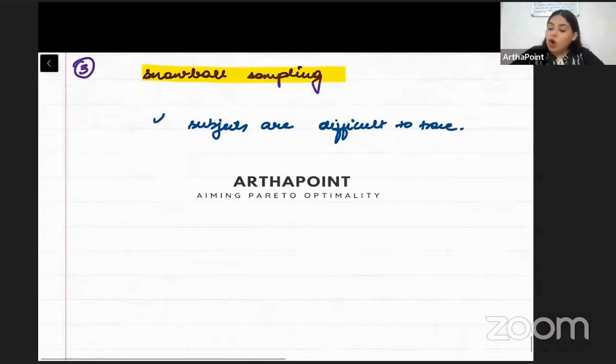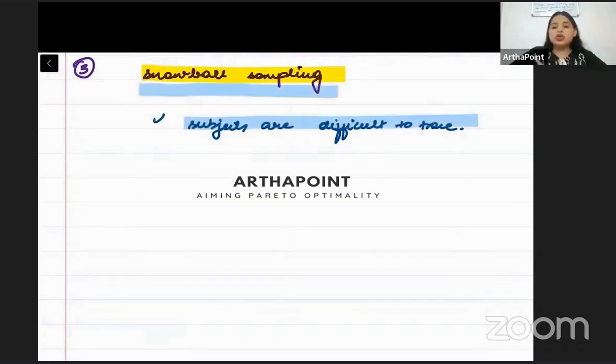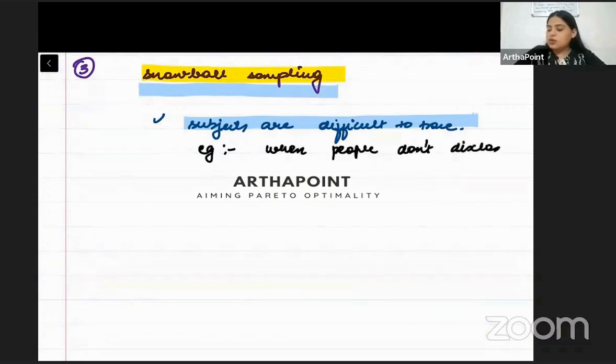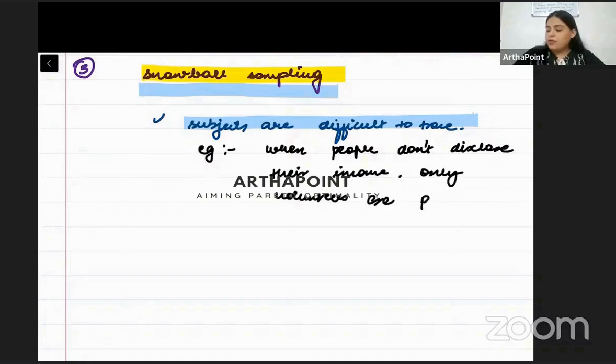Because not all people are part of my sample, only volunteers are part of my sample, automatically randomization cannot take place, and therefore it is called snowball sampling. So you can keep writing some examples here, beta. So this can be when people don't disclose their income. So only volunteers are part of the sample.